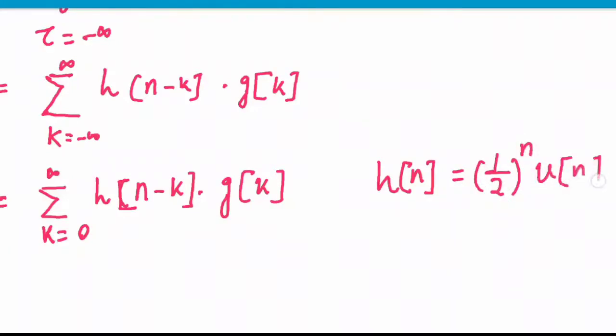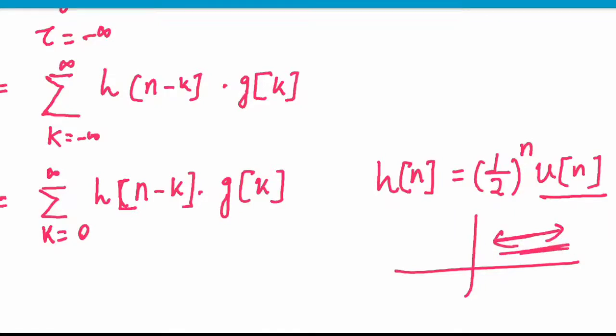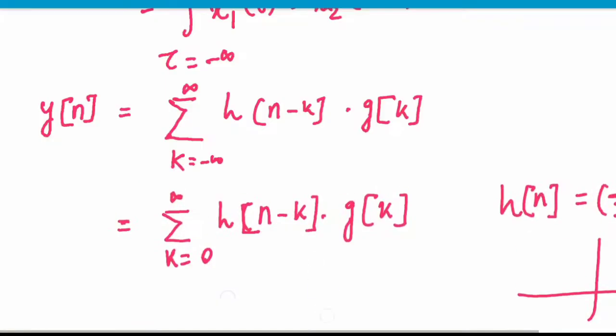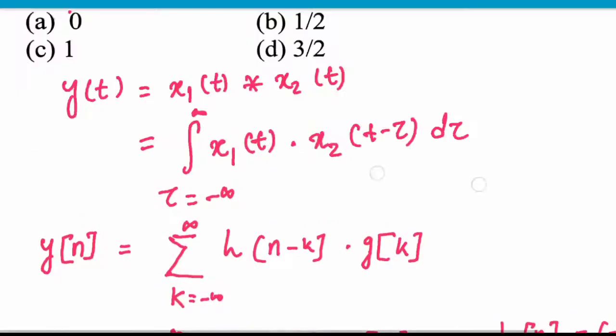As u of n is multiplied, it is only defined in the positive half, in the first quadrant.